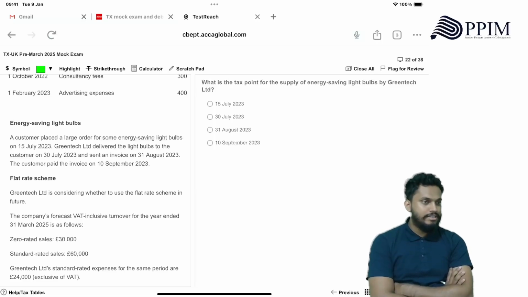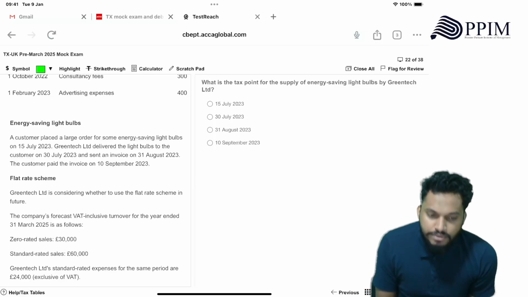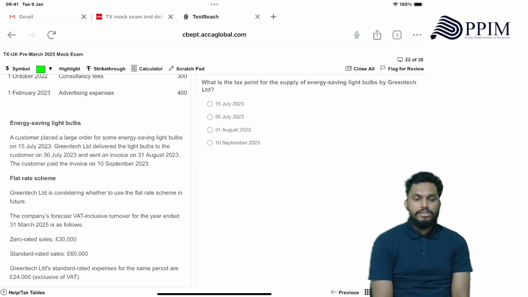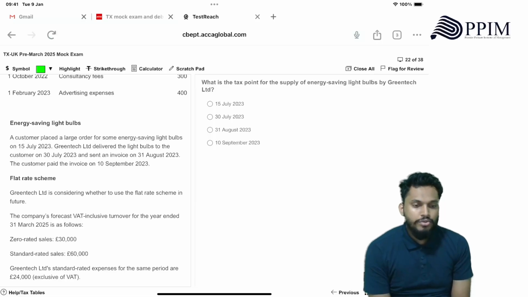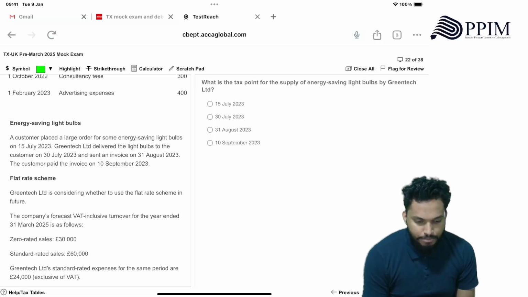So in this case, let's read the statement together. The customer placed a large order for some energy saving light bulbs on 15th July 2023. Greenwich Limited delivered the light bulbs to the customer on 30th July 2023 and sent an invoice on 31st August 2023. The customer is paying on 10th September 2023.